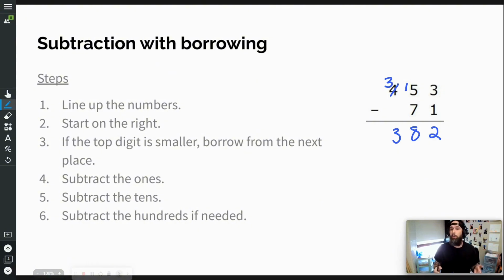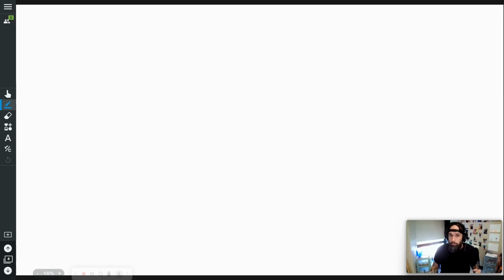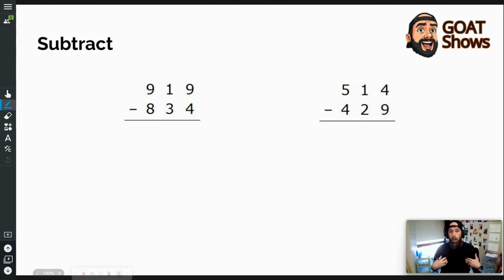So if we have to borrow, we move to the next number over, take 1 from that number, and make it 15, 17, 12, whatever it has to be so that you can actually subtract. So that's borrowing. Now I'm going to do a bunch, you're going to do a bunch, and we're going to be perfect. So start all the way to the right. 9 minus 4 is 5.